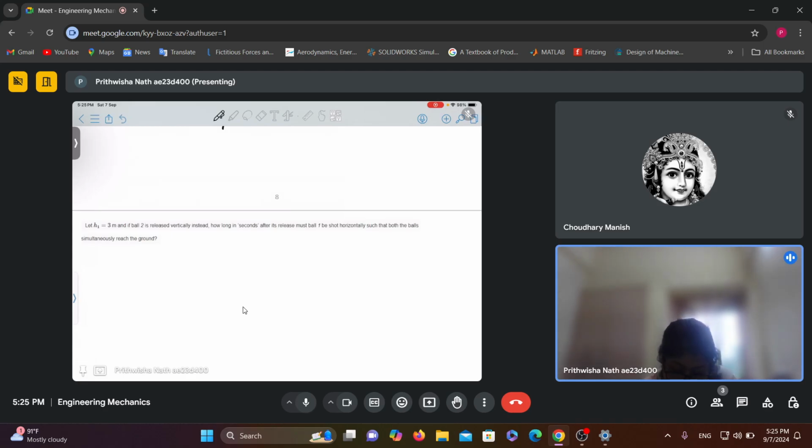So how long in seconds after it's released must ball 1 be shot horizontally such that both the balls simultaneously reach the ground? Ball 1 is shot horizontally as shown in the problem, but here ball 2 is released vertically instead of horizontally. So you need to solve that.